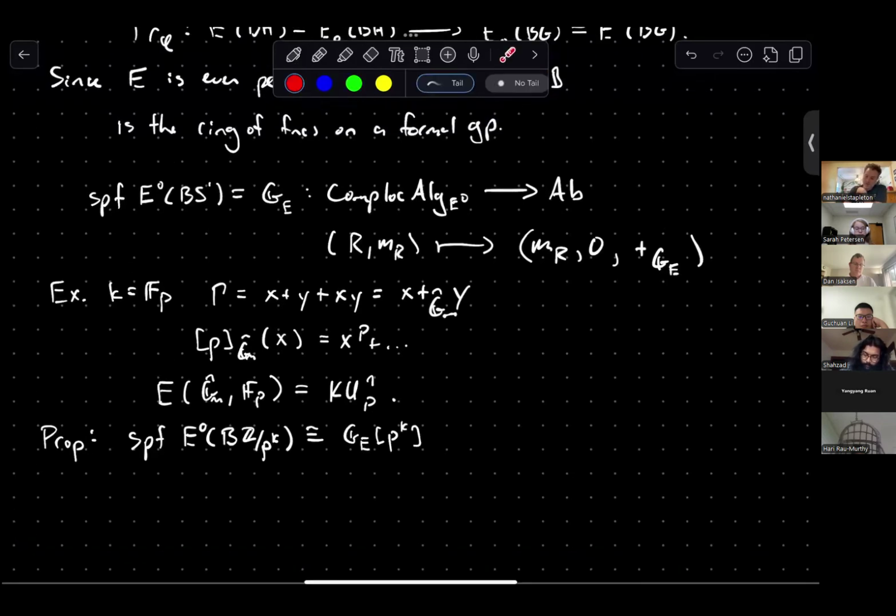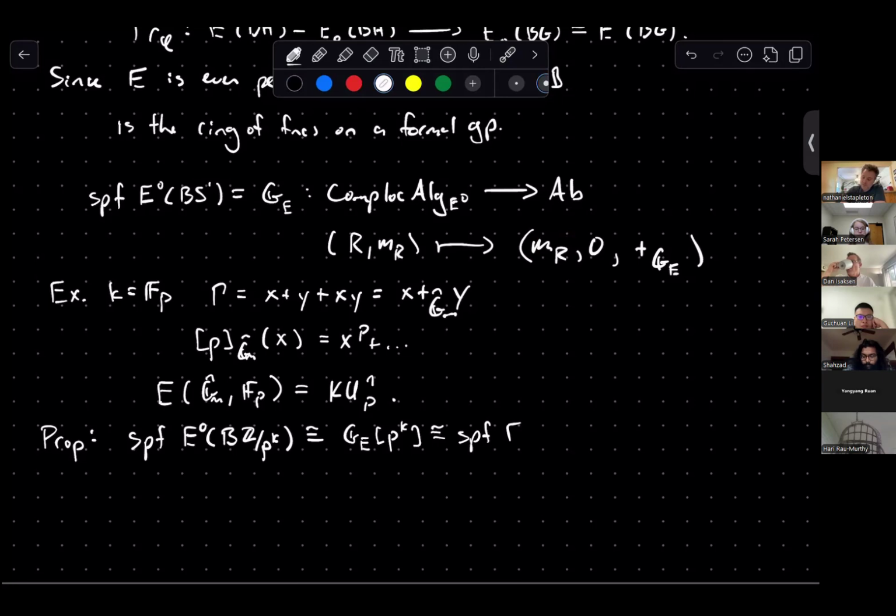So there's a subfunctor of G_E, which also lands in abelian groups, but instead of giving us all of m_R, it just takes the elements in m_R for which p times them, using this addition, is zero. And that's exactly the p^k-torsion in the formal group. And that's another well-behaved algebro-geometric object. And we can say what it is in coordinates.